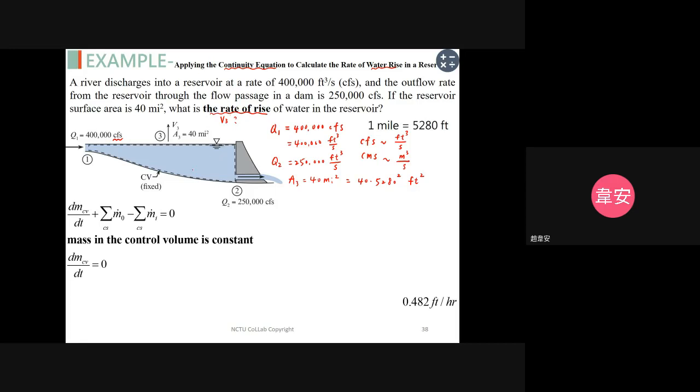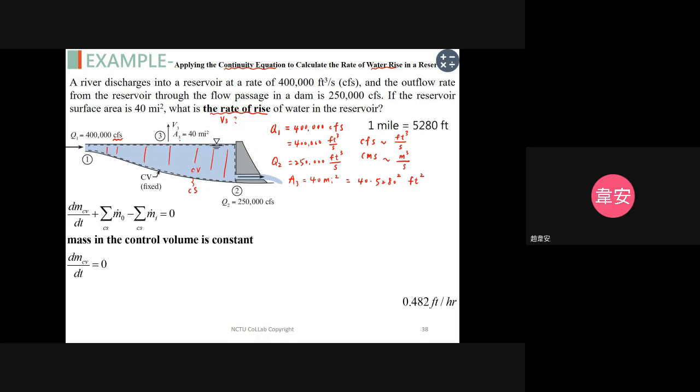So we go back to see the problem. We already depicted the control surface. The dashed line is our control surface, and inside the control surface line is the control volume.